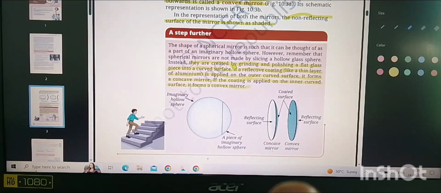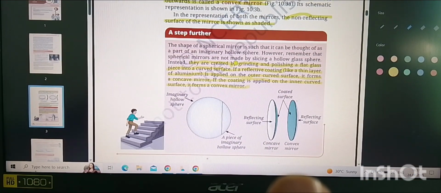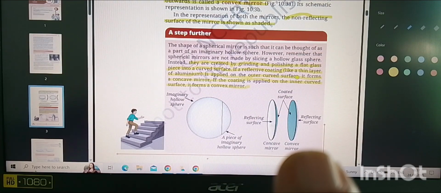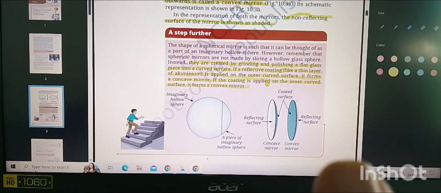Do you know how these spherical mirrors are made? Both convex and concave are types of spherical mirrors. They are created by grinding and polishing a flat glass piece into a curved surface. A reflective coating like aluminium is applied on the outer curved surface, and it forms a concave mirror.